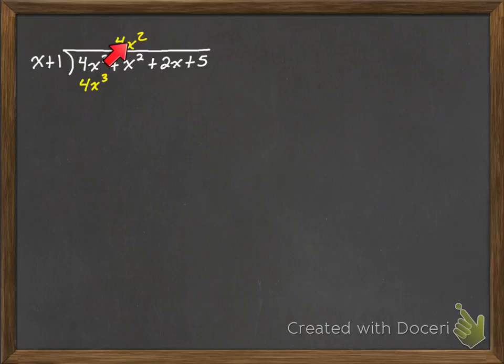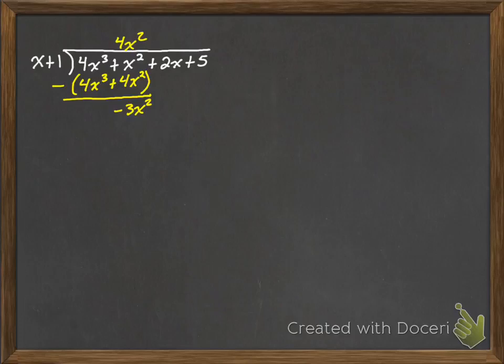And then we'll multiply the 4x squared times the 1, which is 4x squared. The next step is putting parentheses around this and subtracting. So now 4x cubed minus 4x cubed is 0, so that cancels out. Now you have x squared minus 4x squared, which will give you a negative 3x squared.